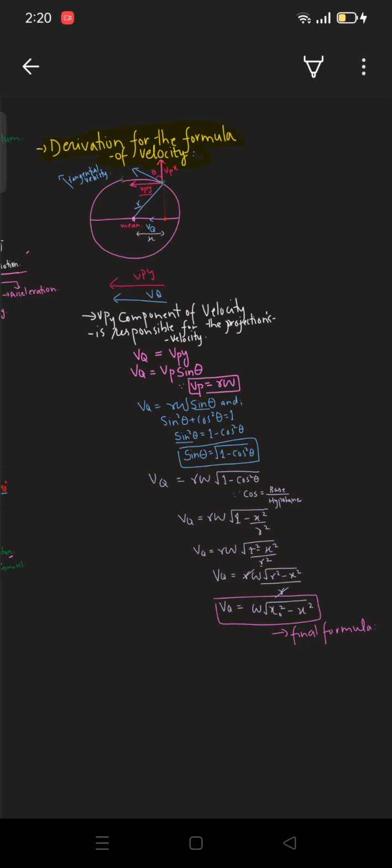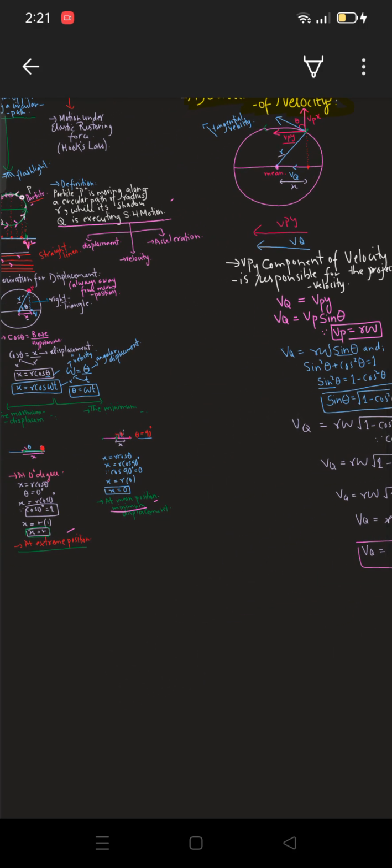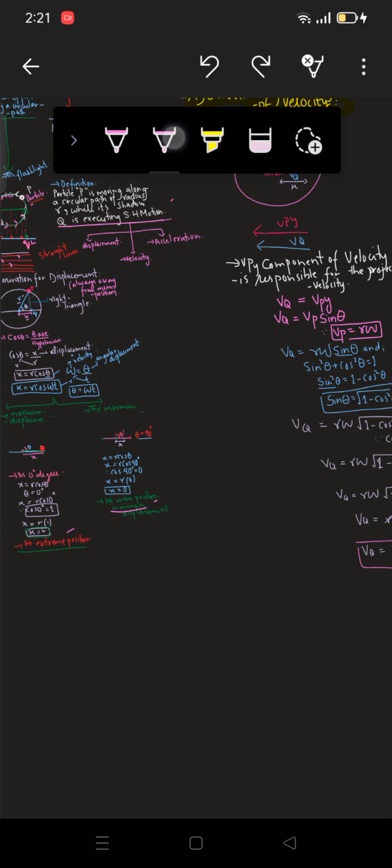We substituted the values of sine theta and the tangential velocity, simplified, and at the end got our final formula as omega radical x naught square minus x square. In today's video we are going to see the maximum velocity and the minimum velocity.